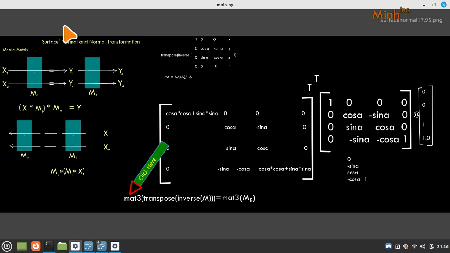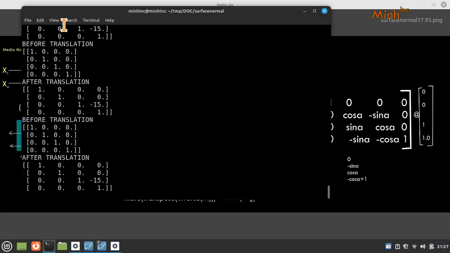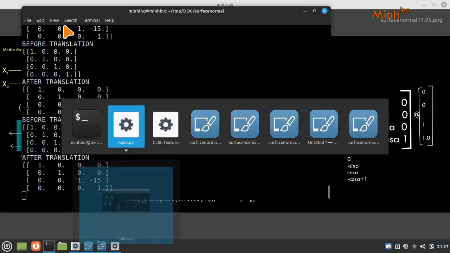Like in the OpenGL shader code, I'll show my shader software code.